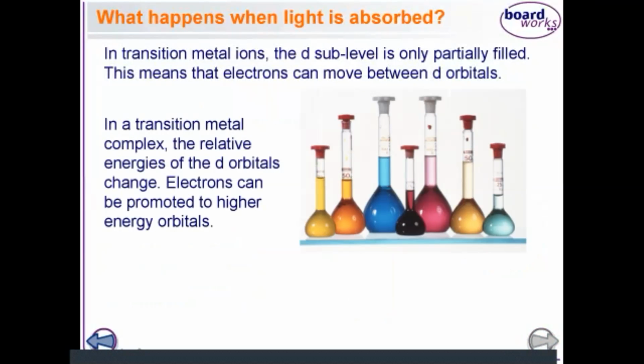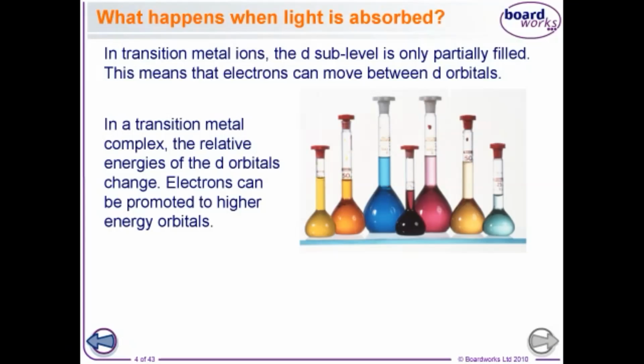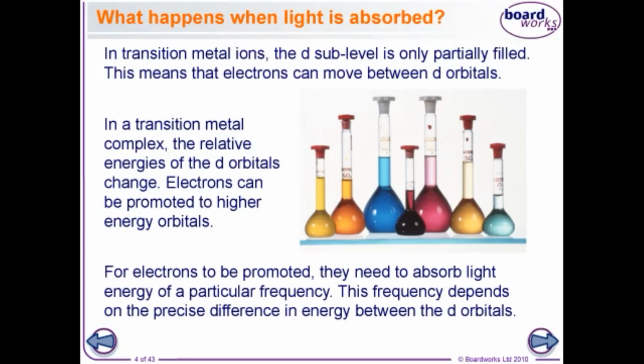Now, in a transition metal complex, the relative energies of the d orbitals change. So electrons can be promoted to higher energy orbitals. And when the electrons are promoted to a higher energy orbital, they absorb light energy of a particular frequency.